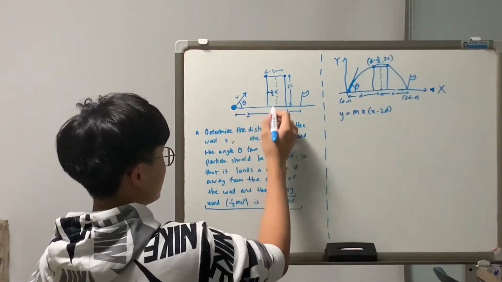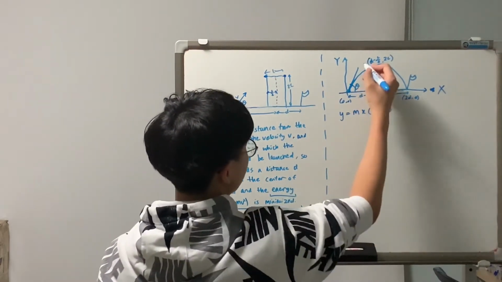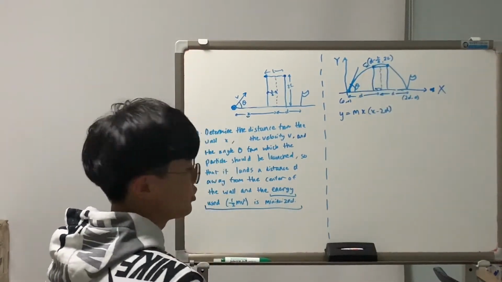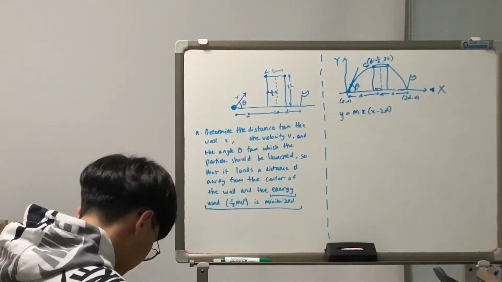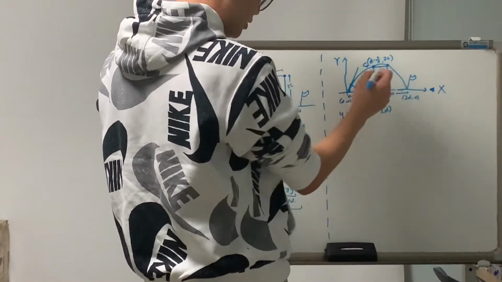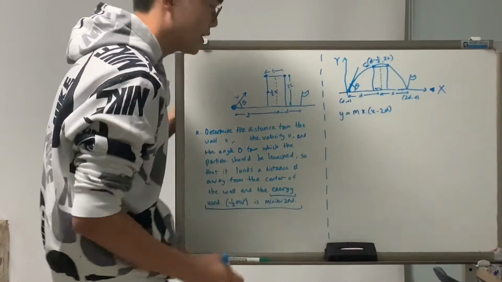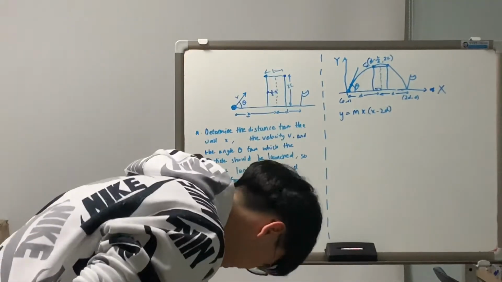So this point would be (d minus L over 2, 2L). And this other point we could say is (d plus L over 2, 2L), but I don't think that's necessary.